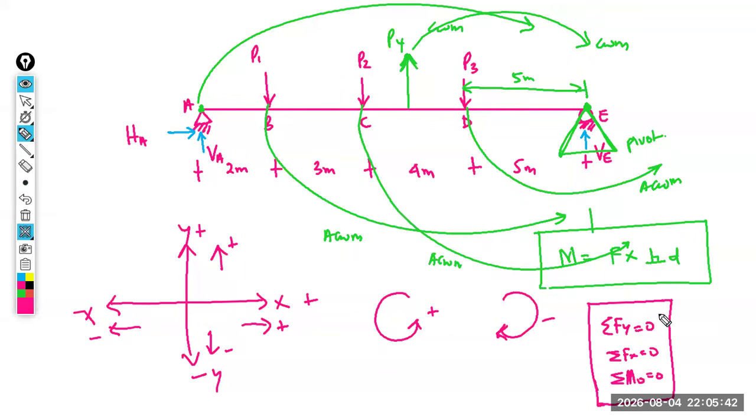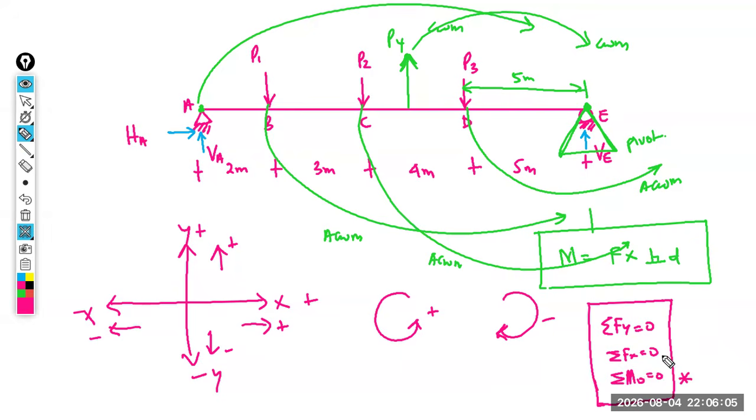So these are the equilibrium equations that we are going to use to calculate. You remember, we will be dealing with determinate problems. So if I'm calculating the reactions, I'll use this last equation, the sum of moment, to calculate reactions. Anytime I have a horizontal force, I'll use sum of force in the x direction.